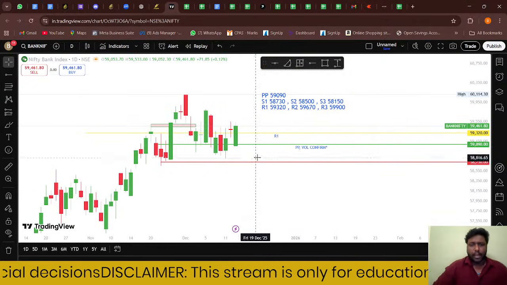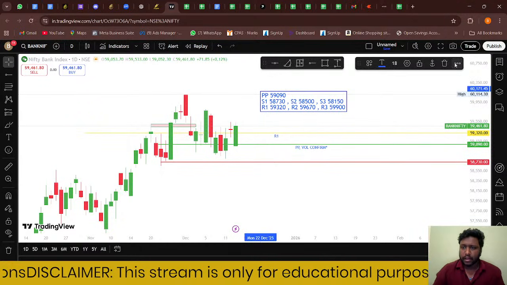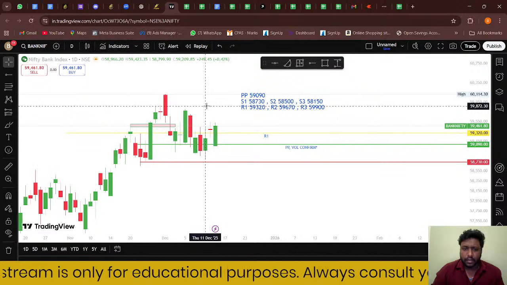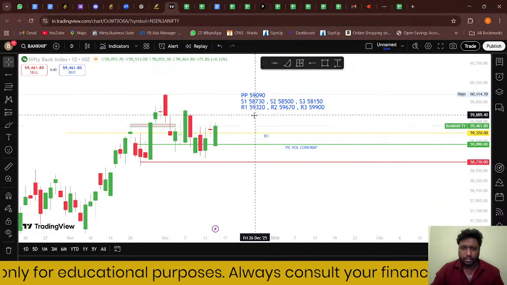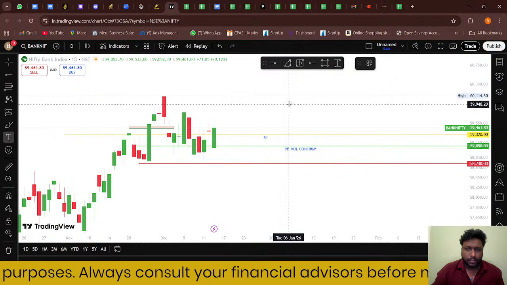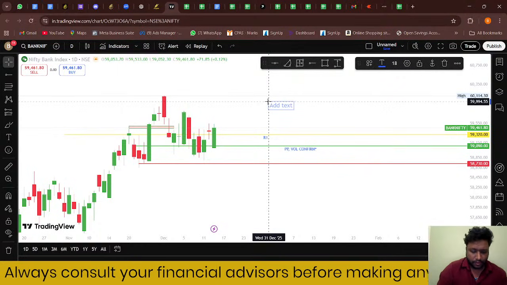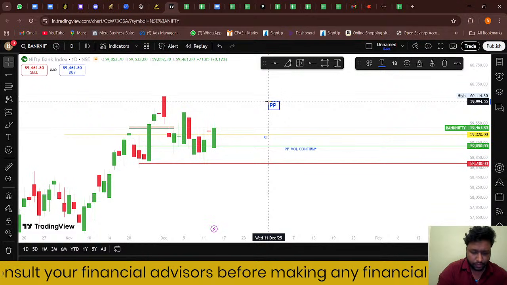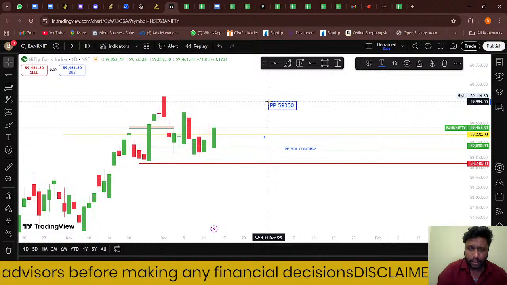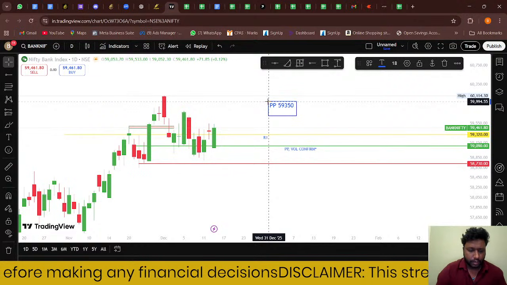With respect to Bank Nifty also, we are having a very good bull run, and we are retouching the liquidity points and the OI based zones of Bank Nifty. We will start off with Bank Nifty's pivot point, which lies at 59,350. It is exactly 48, but we rounded it off.